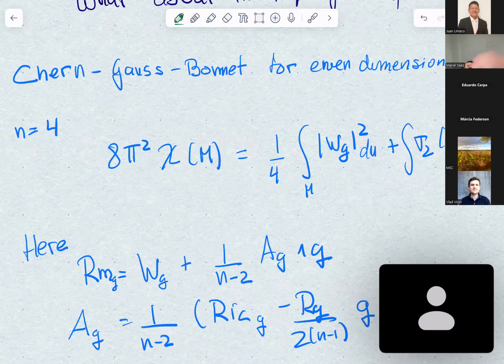The Gauss-Bonnet formula in general is not very nice to write, so that's why I wrote it for n equal 4, because with this one, I can explain why I'm choosing what I'm choosing.